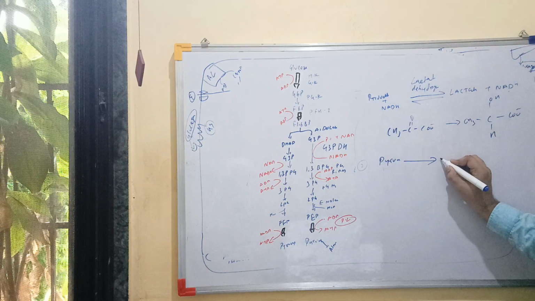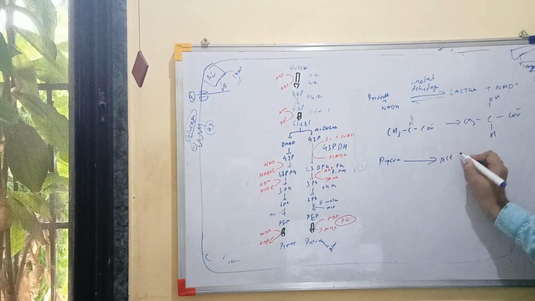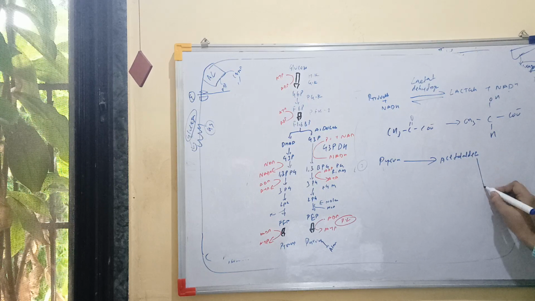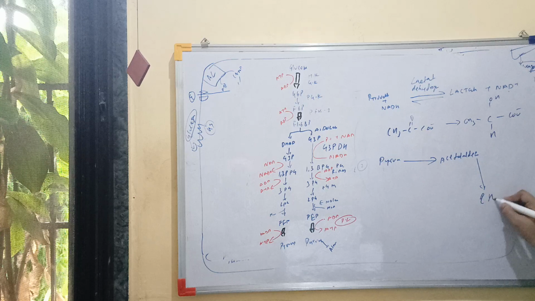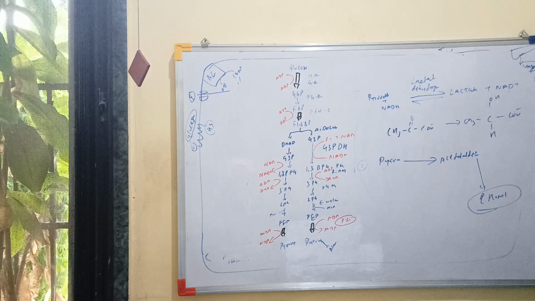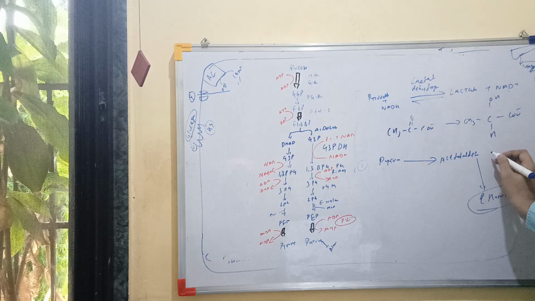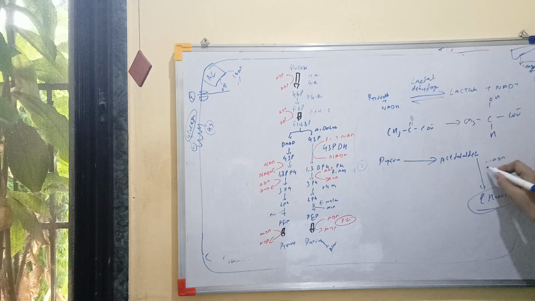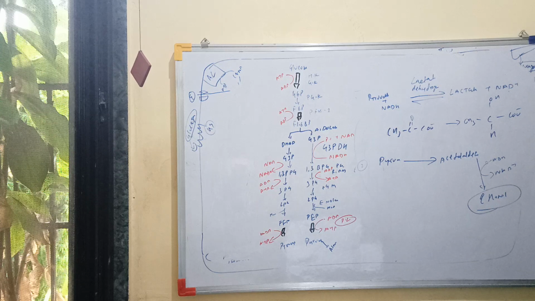This pyruvate will be converted to acetaldehyde, and this acetaldehyde will be converted into ethanol. In the acetaldehyde to ethanol step, it takes NADH and converts it into NAD, and this is called alcoholic fermentation.